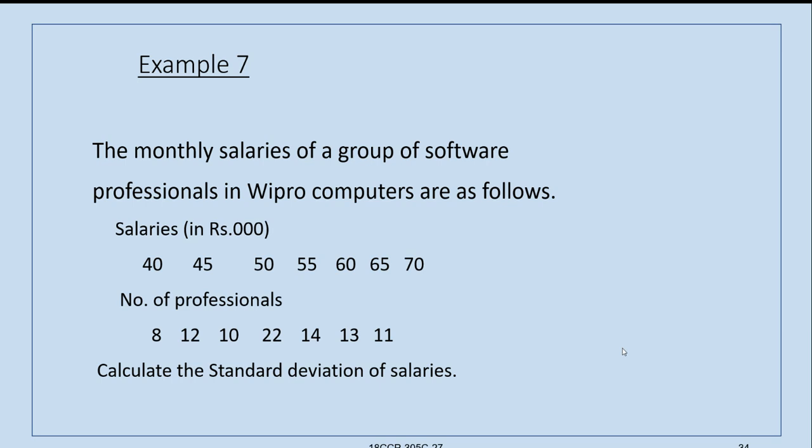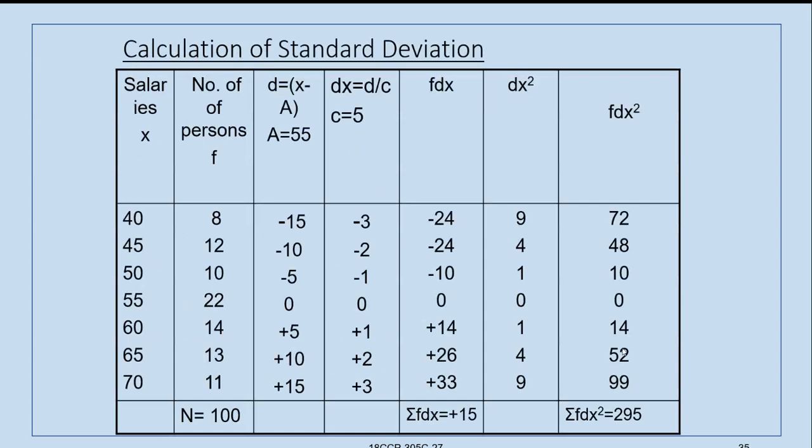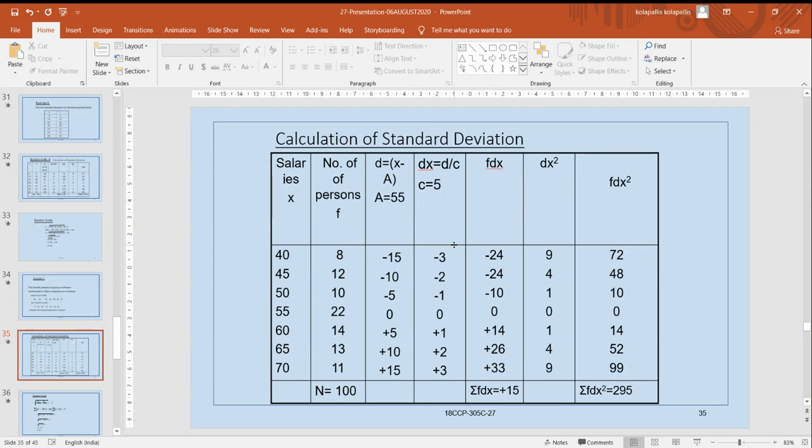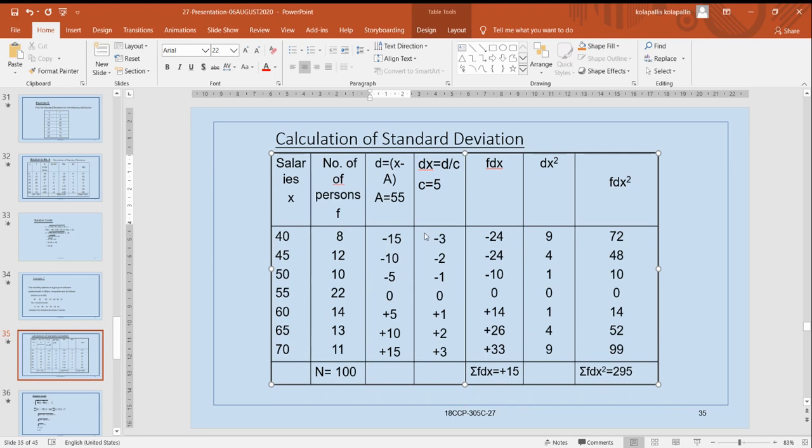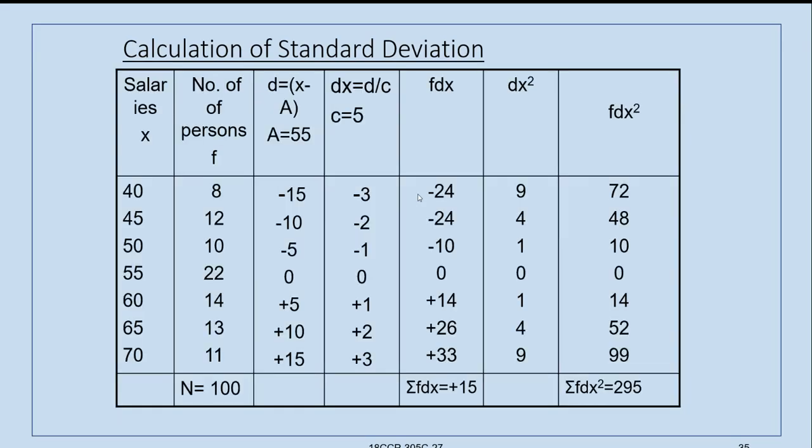Another example, salaries are X and number of professionals are F. Now the calculation of standard deviation table is this one. So we are calculating, then we will take the solution.